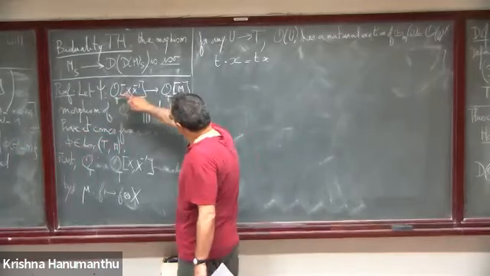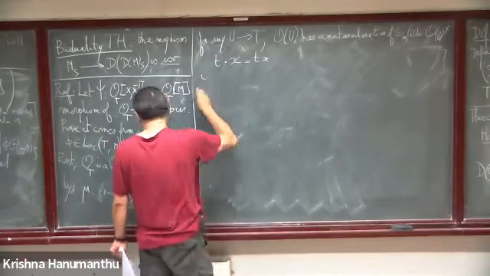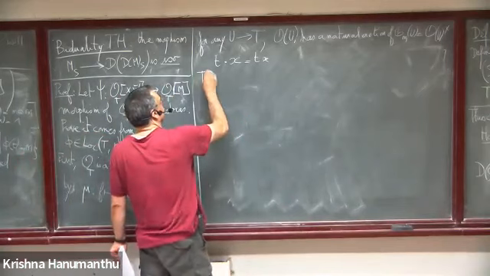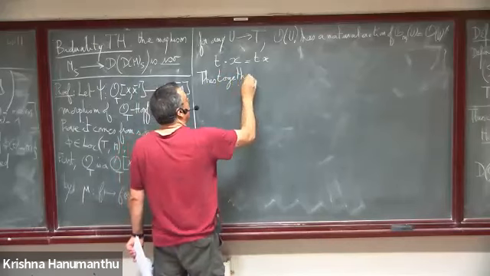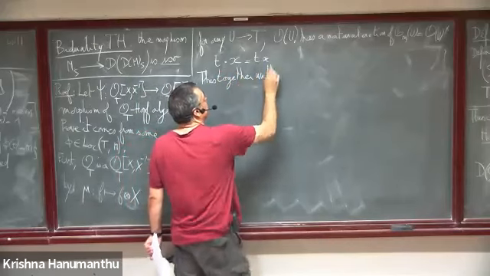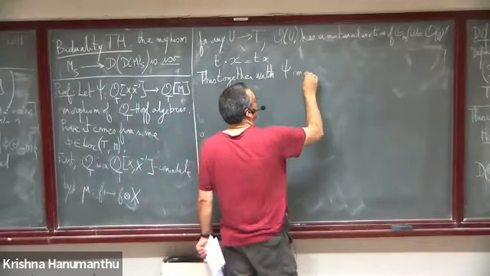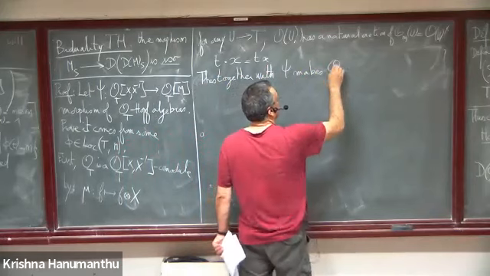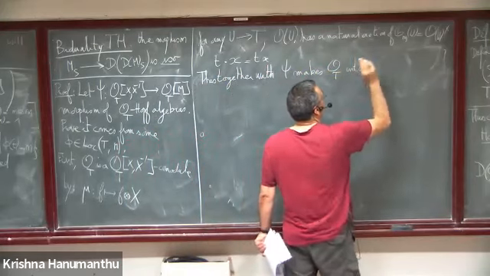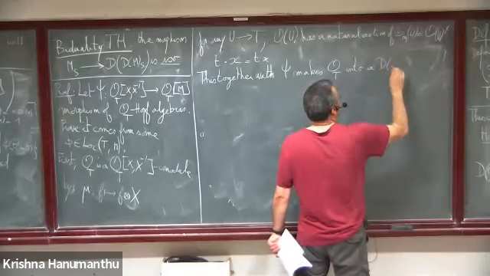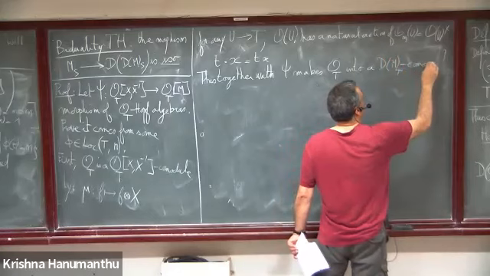But since we have a map of algebras here, this together with the Hopf map psi makes O of T into a comodule over O_T[M].